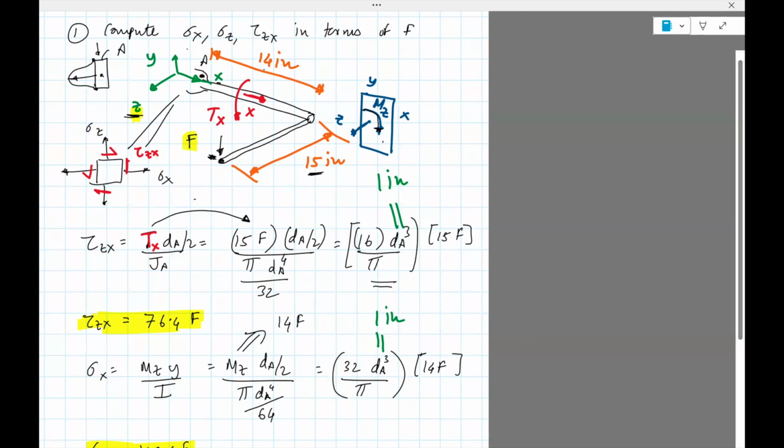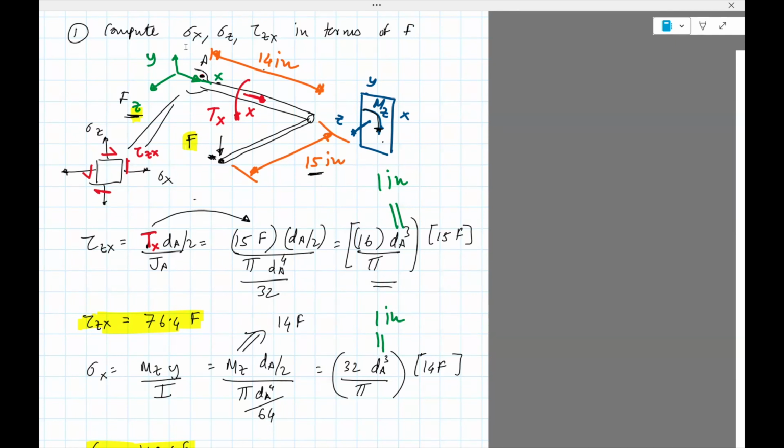So there would be no shear stress at A, even if there was a force in the Z direction like this, because it is on the surface. If point A was in the middle, then the shear stress would be non-zero because the shear stress is maximum there. I find that this is a very common way students make a mistake in the homework and in the exams.